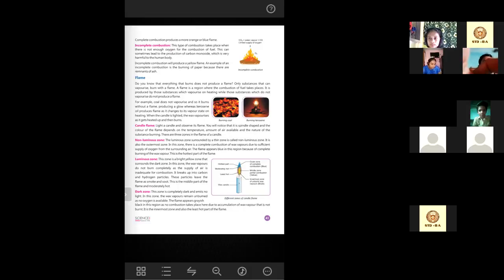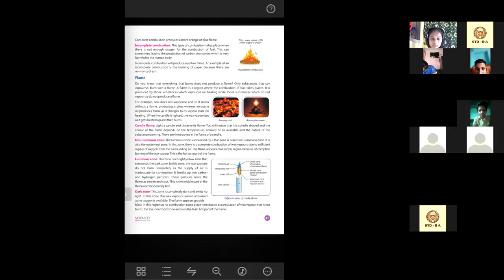Then it will burn properly and brightly. But if there is less oil in the lamp, it will burn very dimly, and some black colored smoke will come out from the oil lamp. In candles also we can see black smoke. That happens due to the incomplete combustion of this luminous zone, because this zone cannot come in contact with atmospheric oxygen directly.